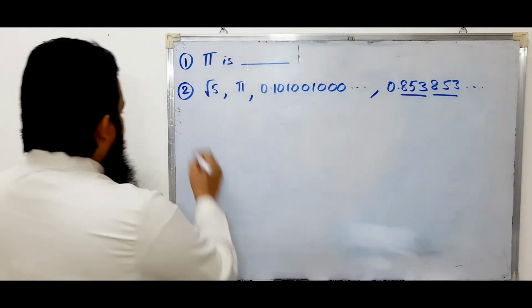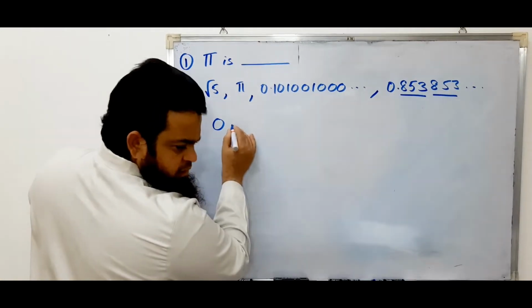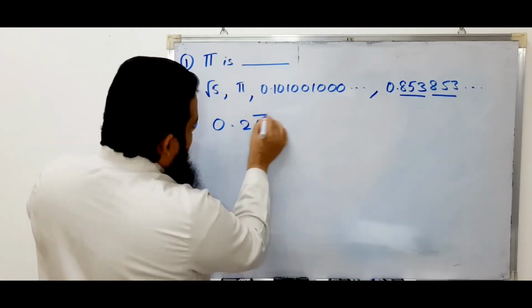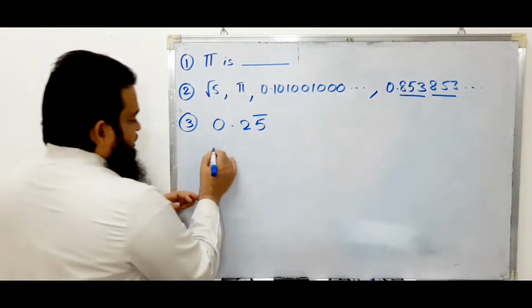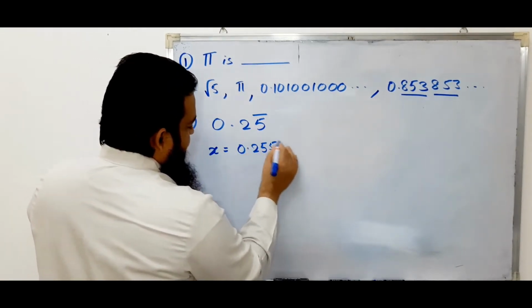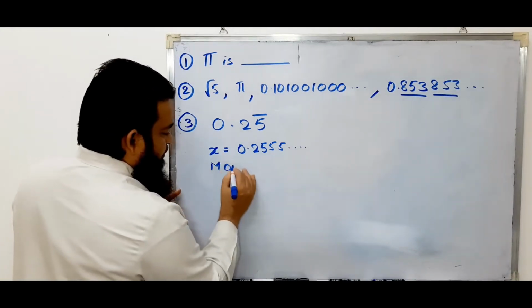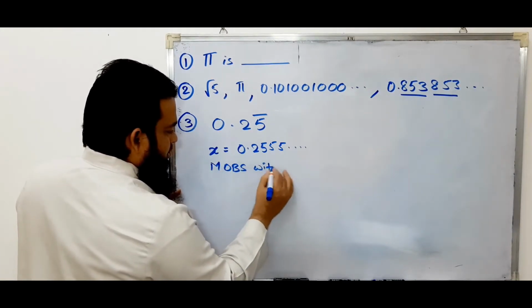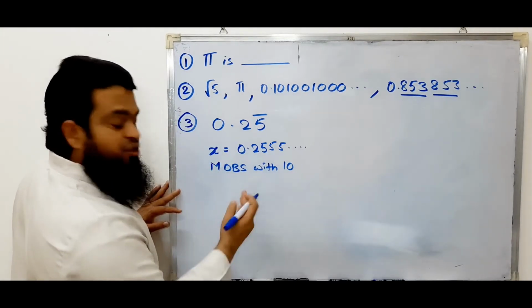See, they have asked in the third one, 0.25 bar. You have to represent it in p by q form. So let us take x equals 0.2555 and so on. Now multiply on both sides with 10 in order to take out the decimal part which is non-repeating.